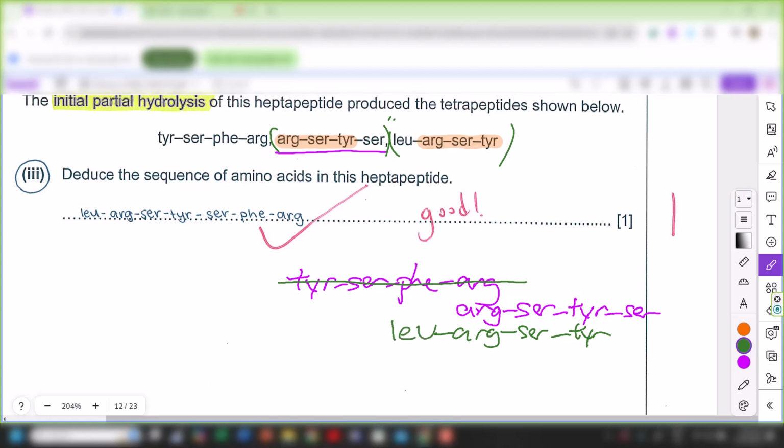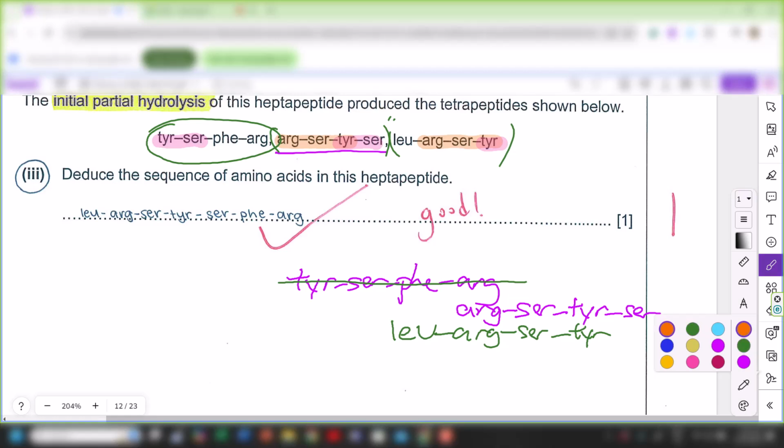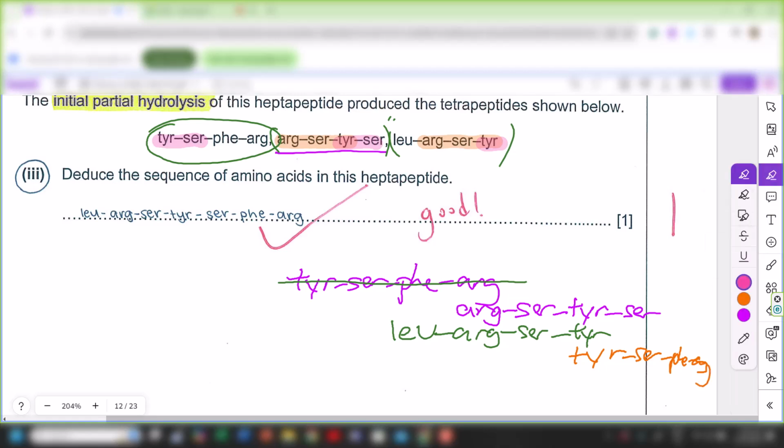Then I look at this final fragment, and I notice that there is an overlap here: Tyr, Ser. So Tyr something, then I write that fragment here: Tyr, Ser, Phe, Arg.